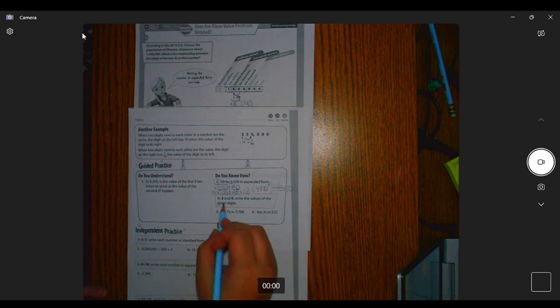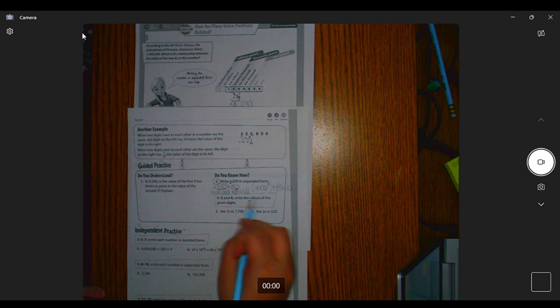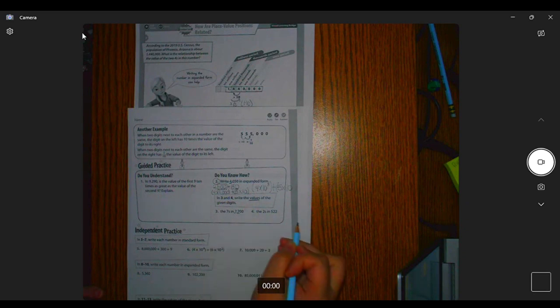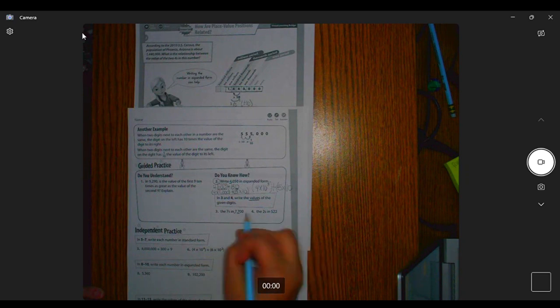So let's look at 3 and 4. The values, what they're worth, in 7,700. So let's look at the first value. What place is this? Are you sure? Let's double check. When you start with your place values, just like multiplication, you start in your ones, tens, hundreds, thousands.